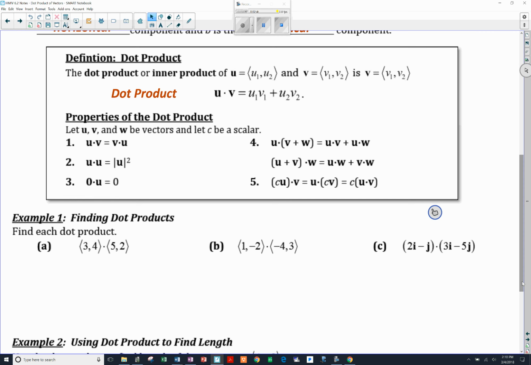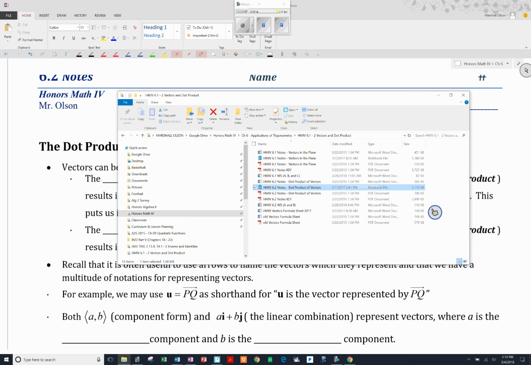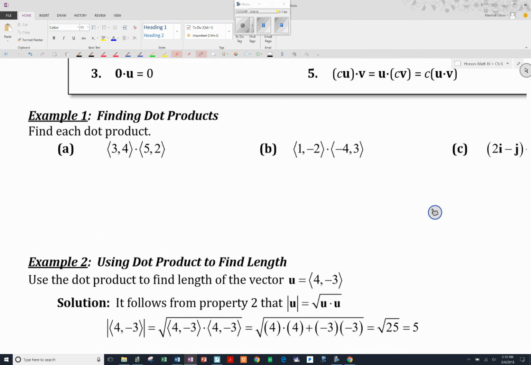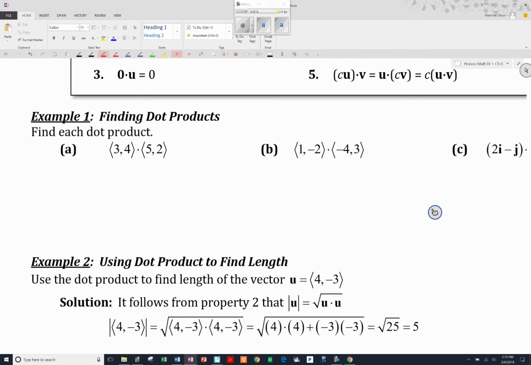All right, we are going to do a few examples here where we are finding the dot product. It's a pretty simple process. Again, we find the horizontal components product. We find the vertical components product. Oop, getting ahead of myself there. And we add those together.